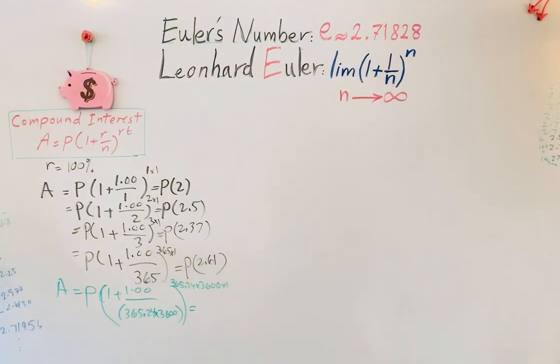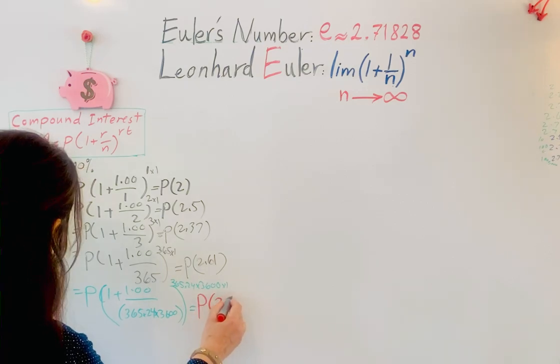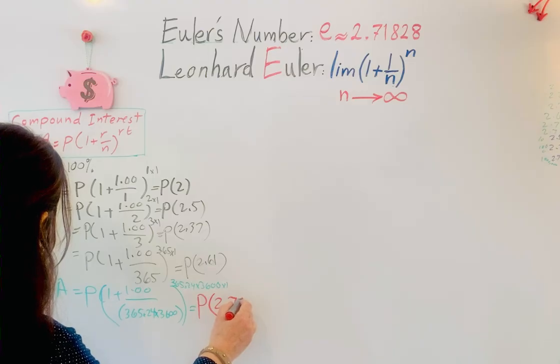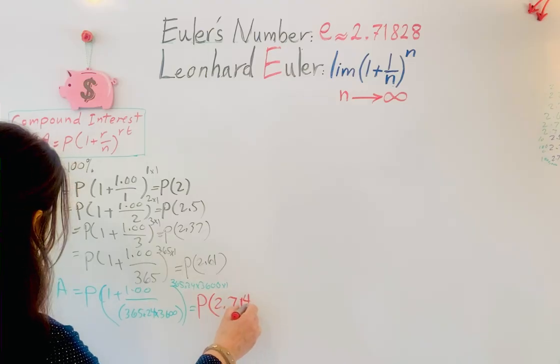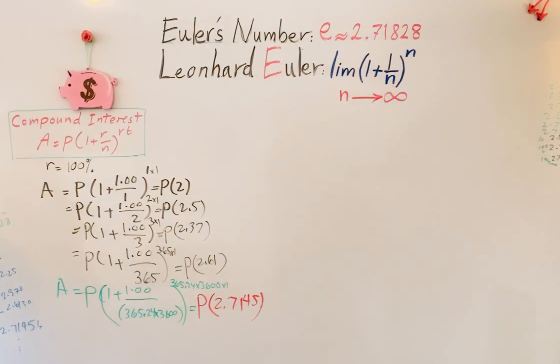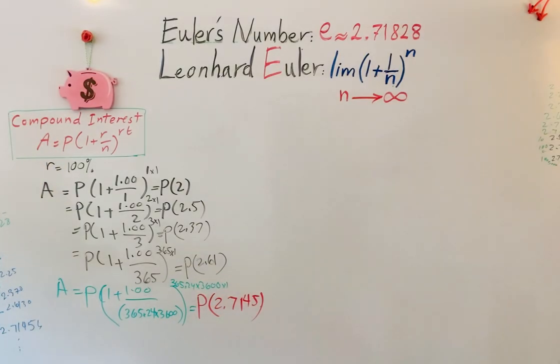Okay, how much is it going to be? When you calculate this one, you get your investment times 2.71 and 45 something, because this is an irrational number. Okay, so 2.61, 2.71 when compounded every second in a year.